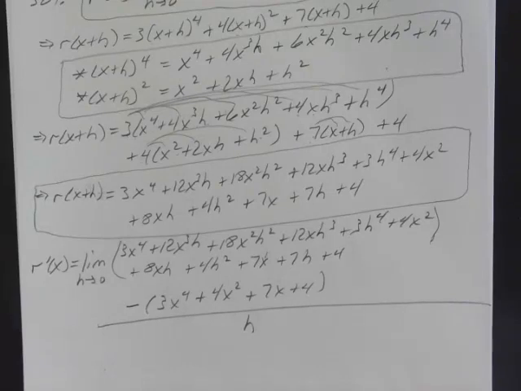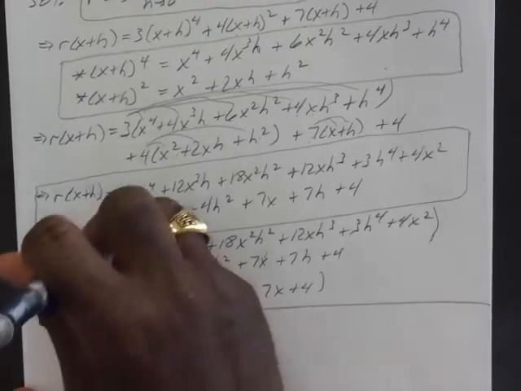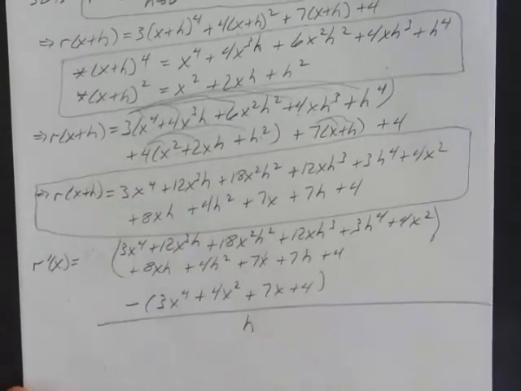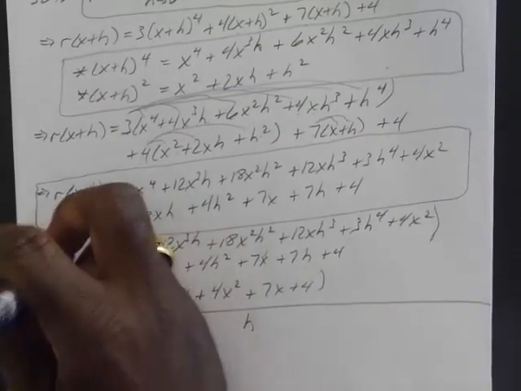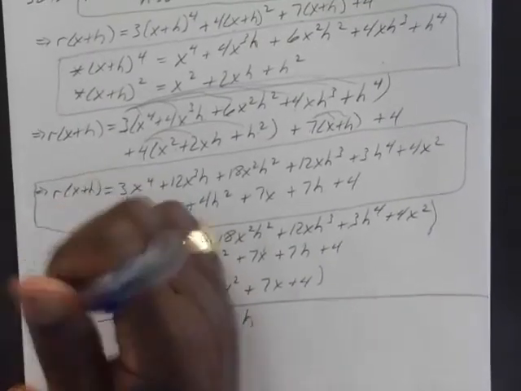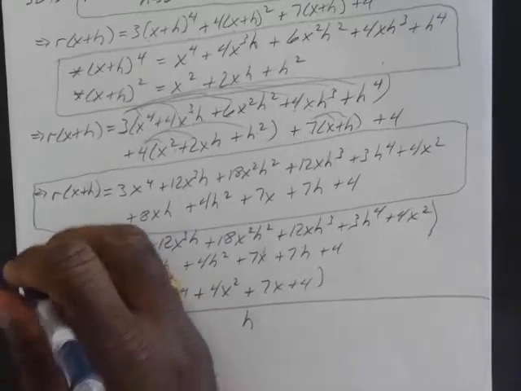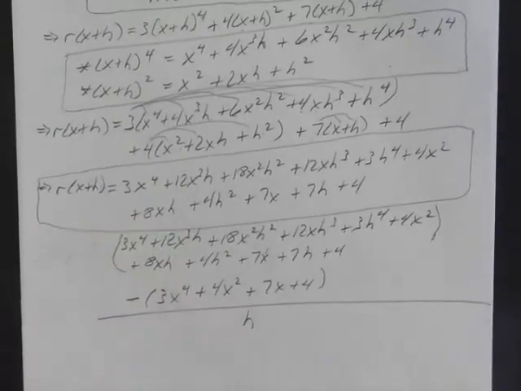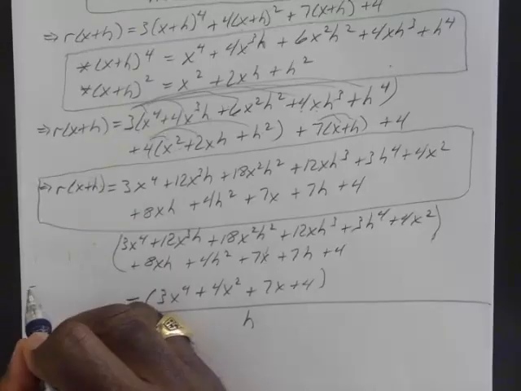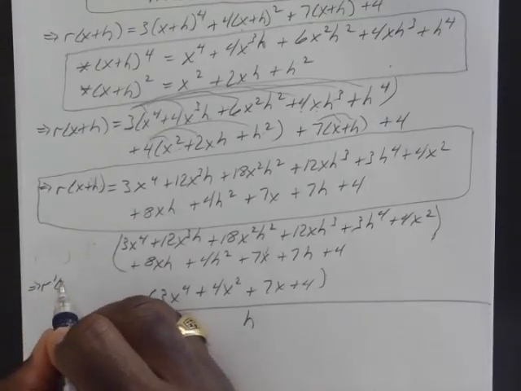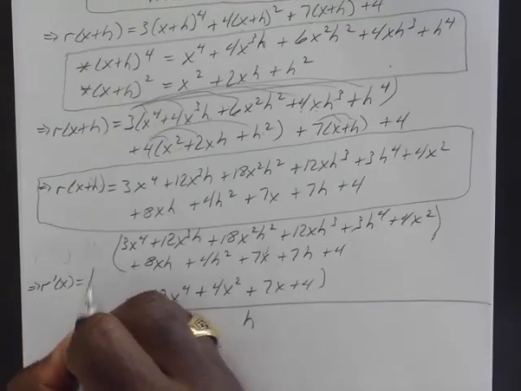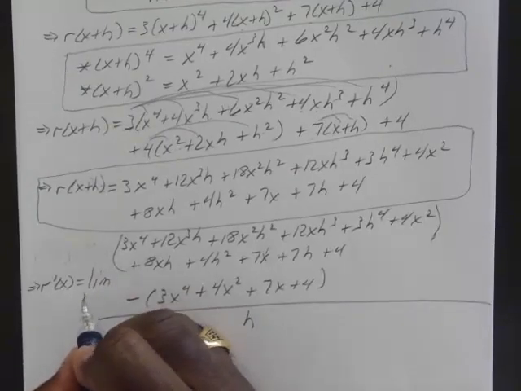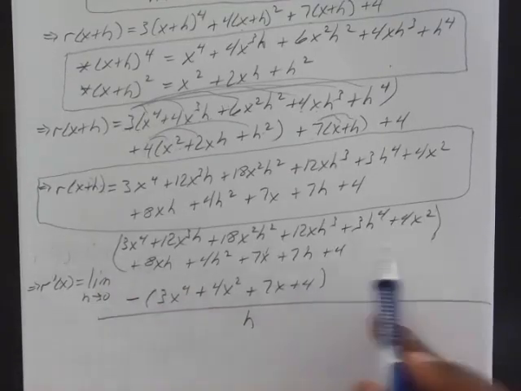So let me put my limit a little further down. You can probably fit it all on one line, but I'm trying to write big enough so everyone can see it. But if you write small enough, you can fit at least all of that on one line.